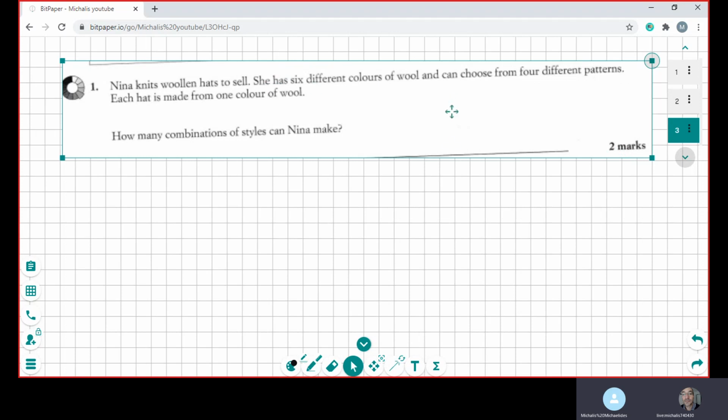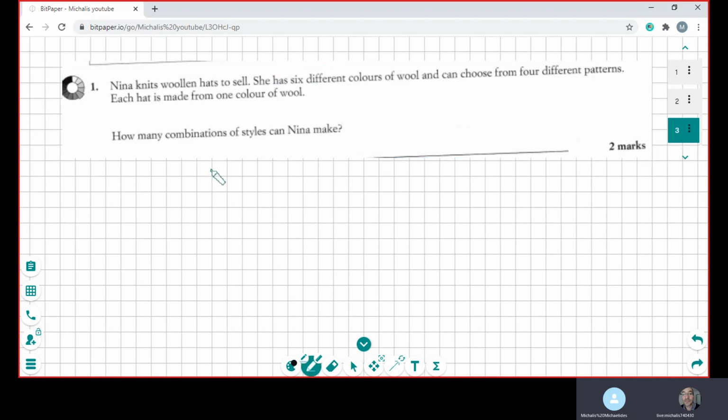So you have 6 different colors, so the number of colors is 6, and the number of patterns is 4. To find the different types of combinations we can make using colors and patterns, we multiply the two numbers. 6 times 4 is 24.